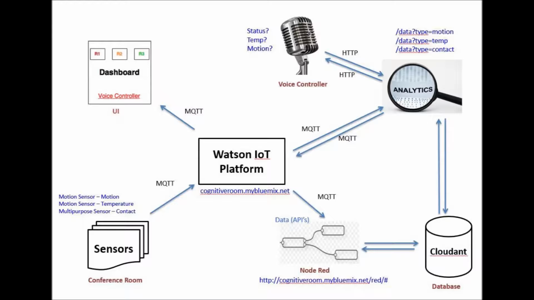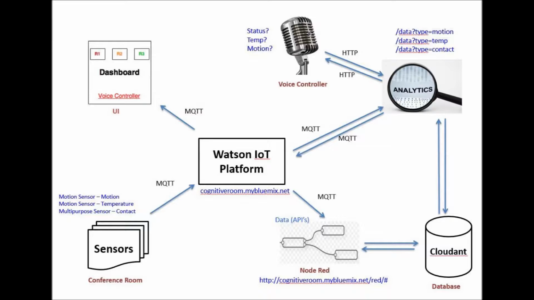Here comes the architecture of the cognitive conference room. We have set up various motion sensors in the room, like the temperature sensor, camera motion sensor, contact sensor, and all. These sensors send data to the Watson IoT platform, where we take that in the form of queries and use that in Node-RED. Those queries are being saved in the cloud and database.